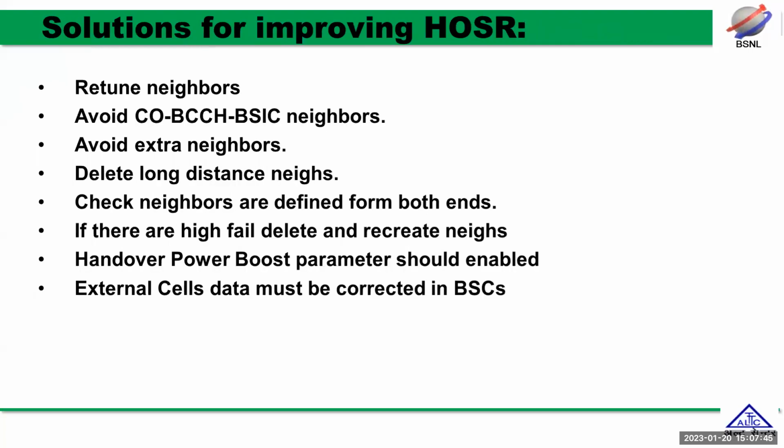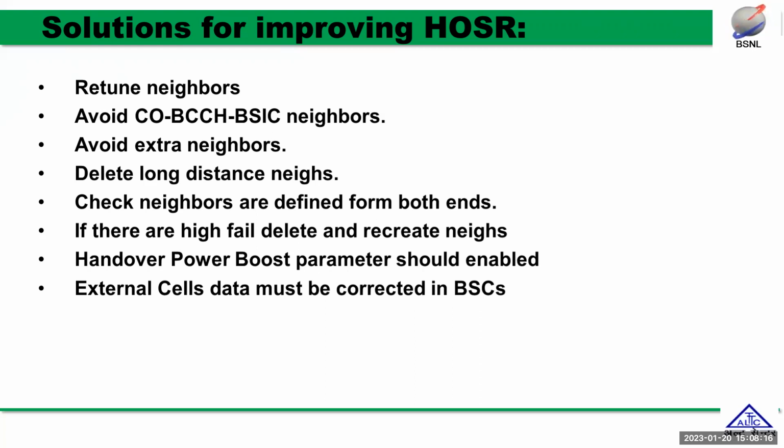Solutions for improving the HOSR. First, retune the neighbor list and reduce it to the optimized minimum. Avoid co-BCCH BSIC neighbors and also avoid extra neighbors. Delete long distance neighbors. Check whether the neighbor is defined both ways or not; we can remove one-way neighbors or add both-way neighbors.